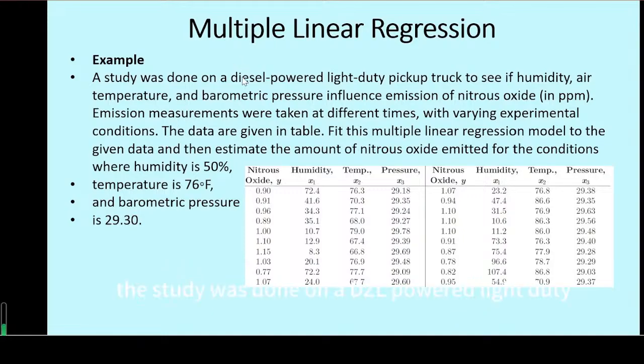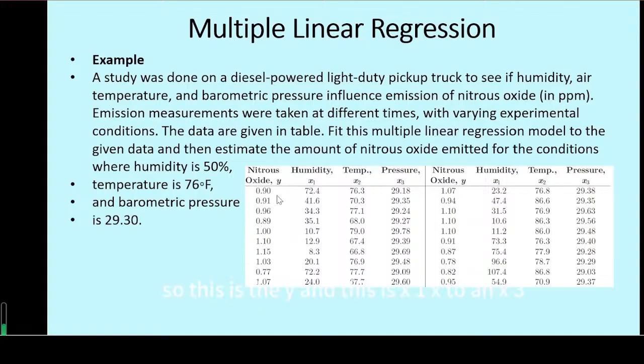Next we will show an example using multiple linear regression. The study was done on a diesel-powered light-duty pickup truck to see if humidity, air temperature, and barometric pressure influence emission of nitrous oxide in ppm. Emission measurements were taken at different times with varying experimental conditions. The data are given in the table.